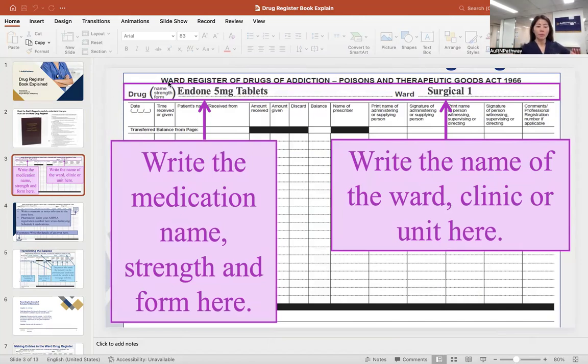At the top, this is where you write the medication name and strength of the S8 or S4 drugs. Bear in mind, you as an RN can write this down, okay? Again, simple, right? The ward where you're at, this is where you write down. And you'd particularly be the one to write this, especially if you're receiving medication.